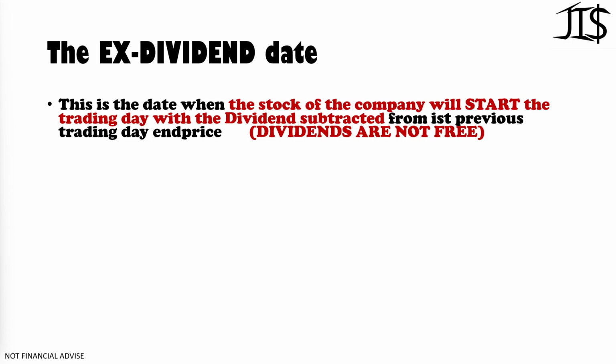And for me, the payout ratio is really important because when the payout ratio is above 100%, so the earnings per share don't cover the dividend, and certainly when it's above 60%, I don't really like the stocks at that moment because I want also price appreciation of the stock.